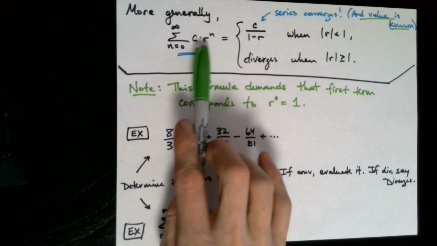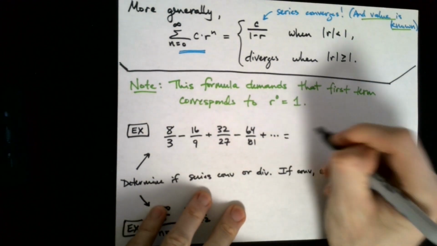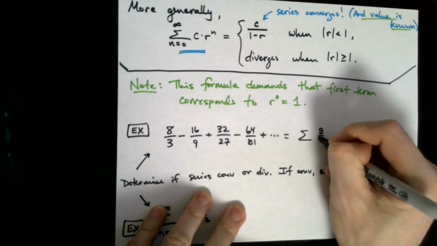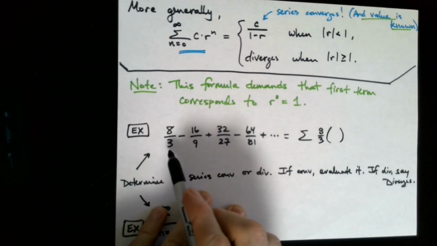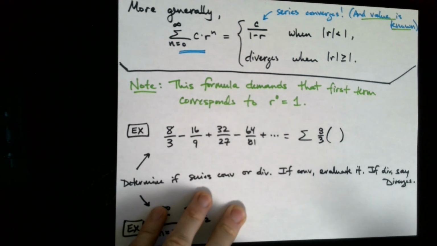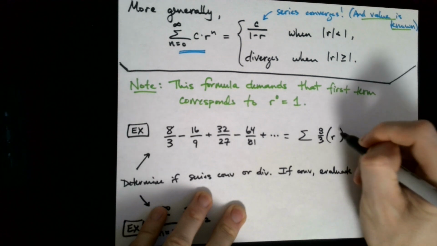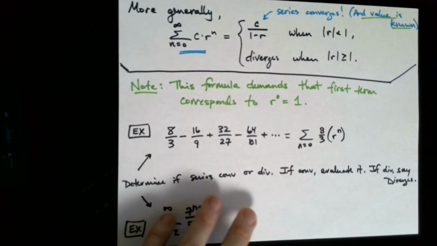Note, by the way, the first term here would have to be r to the 0, and we can play that out, right? Because if you think of each of the terms as 8/3 being factored out, you could factor out 8/3 from the first term, and if you did, the first term would correspond to r to the 0, or 1. So this would correspond to r to the n, where n equals 0.